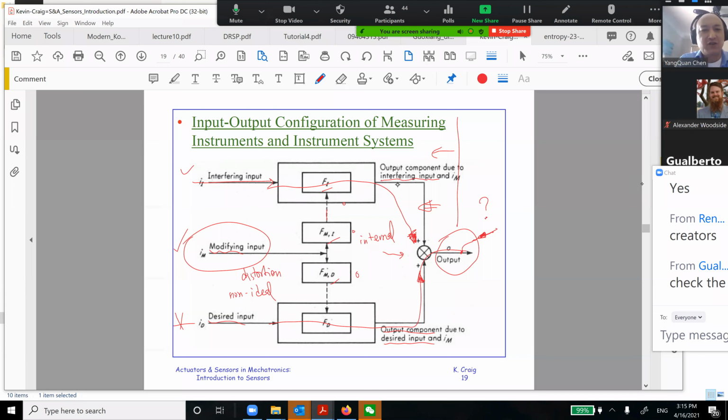One is due to interfering input and IM. This is interfering and IM. What is IM? It's something modifying it, distortion. Another one is the output component due to the desired input and IM. So the desired output will go through some sort of transfer function.